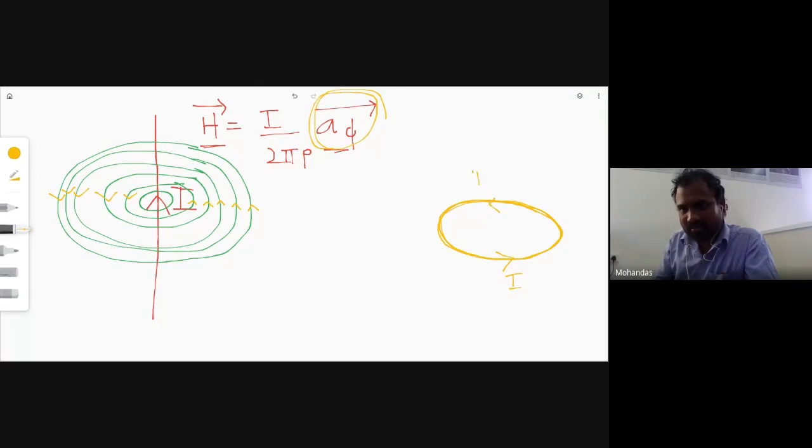Now, above the loop or below the loop, if you take a field point at this particular point, now tell me the magnetic field intensity H.